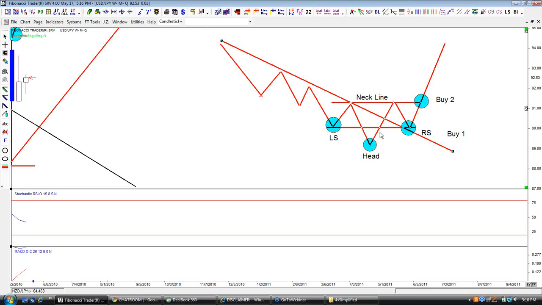Let me read over the questions real quick. The question is that Rodney is asking, he's heard that if the right shoulder is lower than the left shoulder, the head and shoulders is most likely to fail.